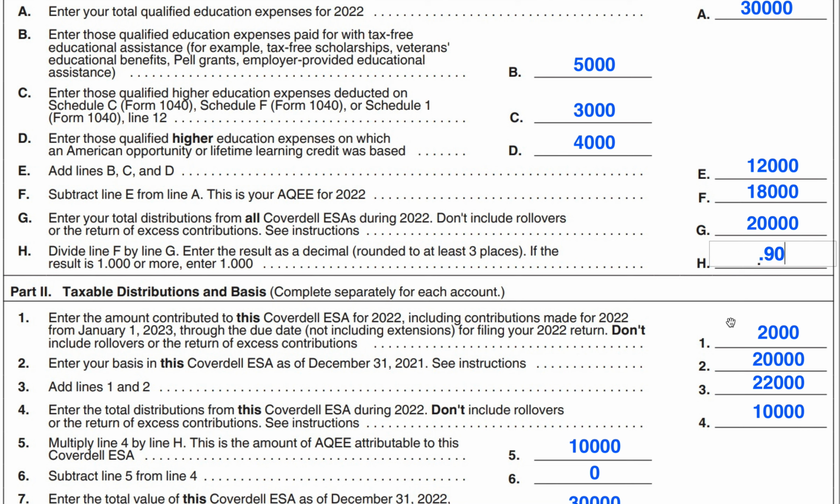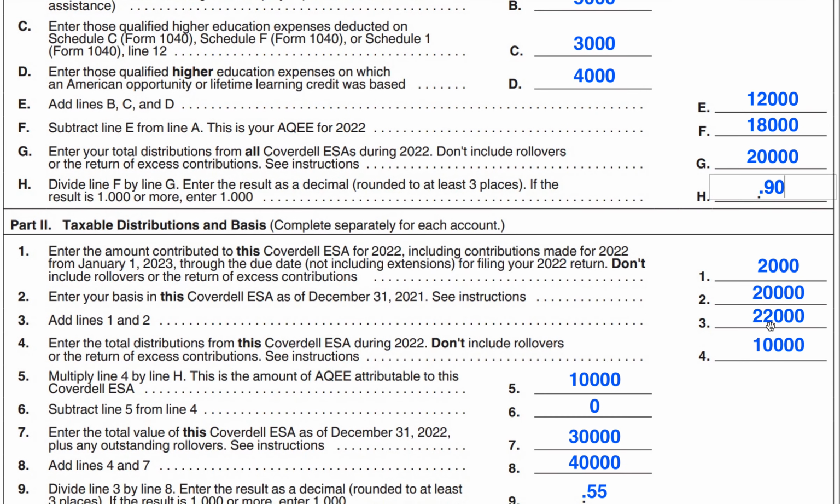So if all of this stayed the same, let's say that all of the money came out of this Coverdell ESA, we multiply the 20,000 by line H, and we would get $18,000. That's the amount of the adjusted qualified educational expenses.